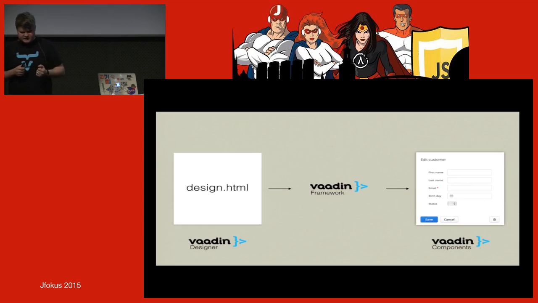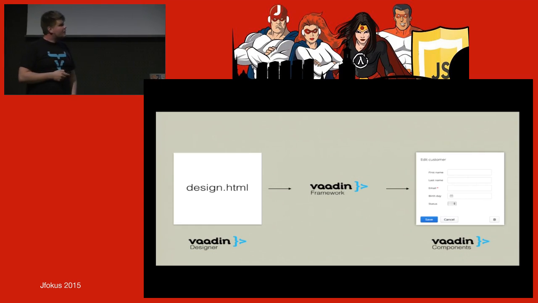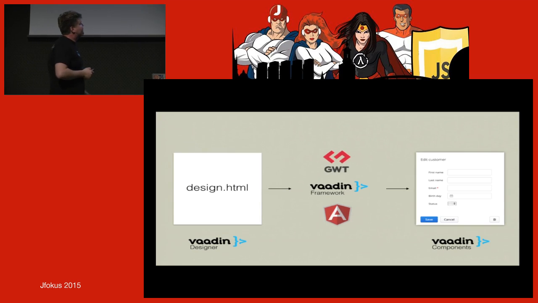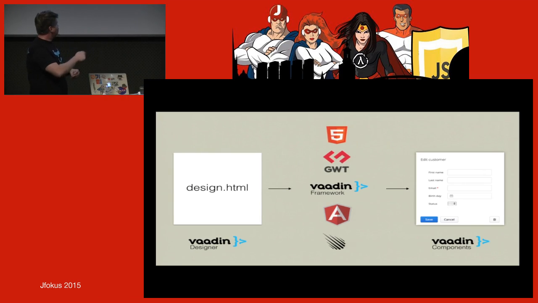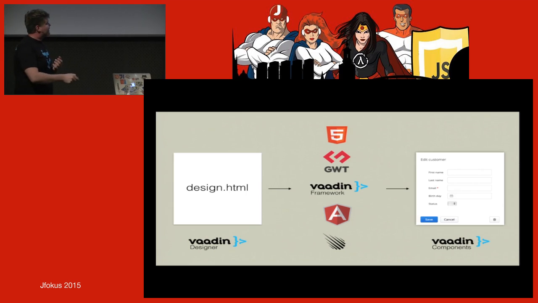But this picture actually got us thinking that if we have all these three things, why not make the centerpiece exchangeable? I mean, Designer is a commercial product, so that gives us a business model. We can sell tooling for developers who are using our components. These components would be compelling for many other framework audiences as well, not just Vaadin framework users.